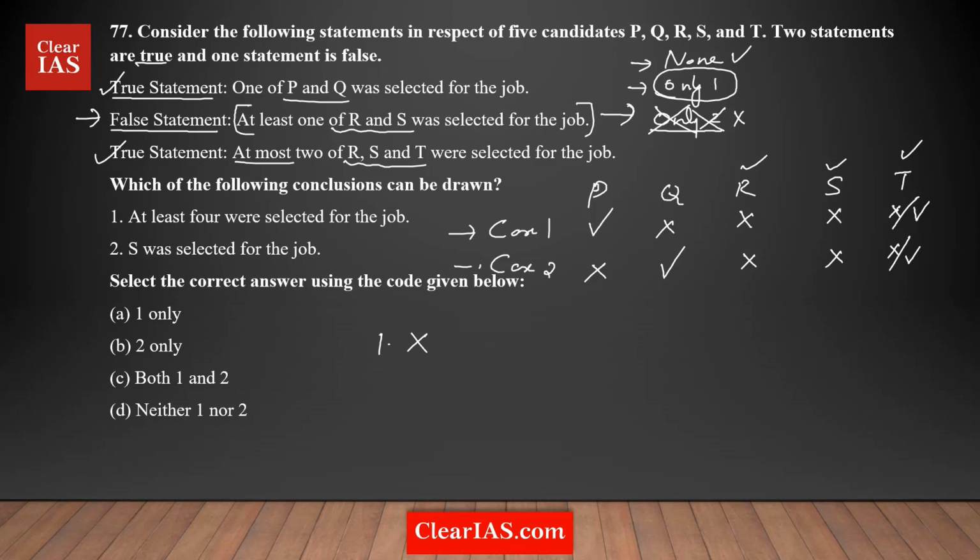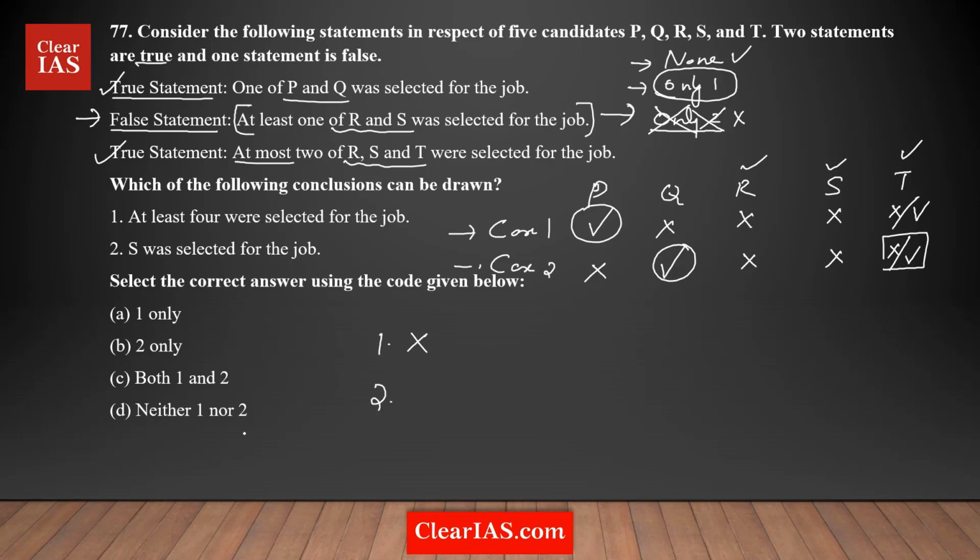Can you see 4 of them? No. Either P or Q or T, depends. And in case 2 also Q is selected, but T we are not sure about. T can be selected or T cannot be selected. We don't know about it. So maximum 2, but here it says at least 4. For that reason, we can say conclusion 1 is not correct.